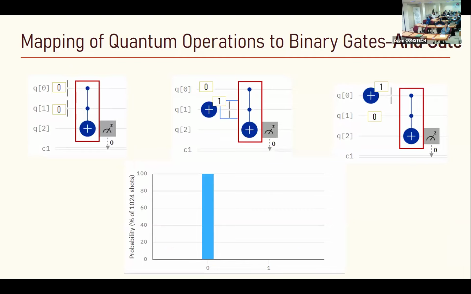So I'll give you a minute. Either you see these circuits or you use your composer to verify what you have said. You have your IBM composers open with you? Try that. If you want to give an input 1, what would you do? X gate. Yes.